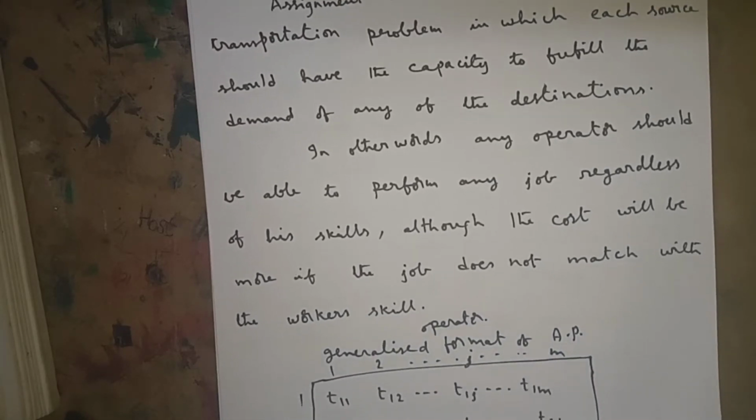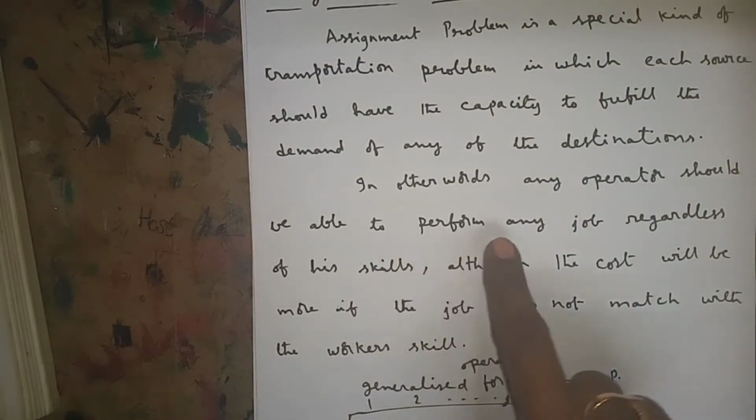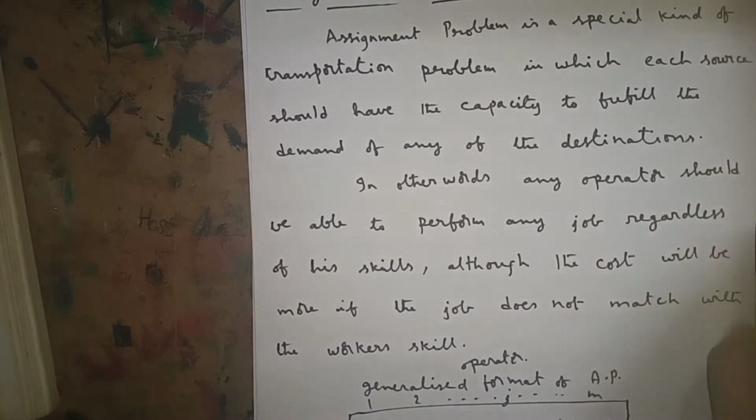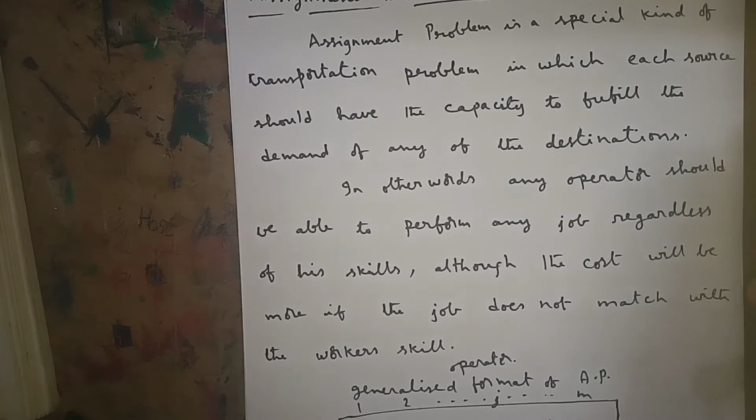Now in simple language, in other words, any operator should be able to perform any job. Operators means columns, and jobs means rows. Any operator should be able to perform any job regardless of his skills, although the cost will be more if the job does not match with the worker's skill.